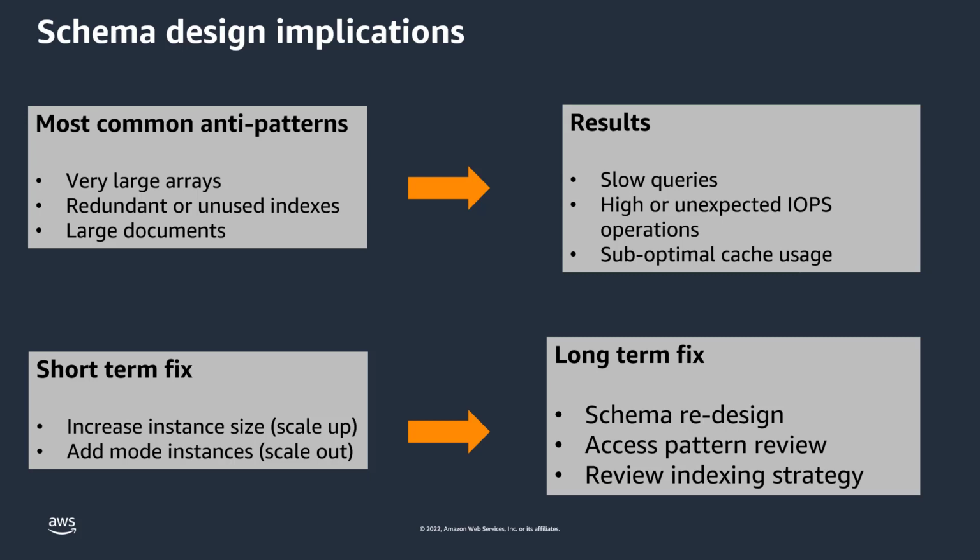There are quick fixes to address these issues, usually by throwing more money at the problem, by scaling up, adding bigger instances, or scaling out, adding more instances, but those will be short-term fixes. Reviewing the access patterns, remodeling, and applying the right design pattern will provide a long-term and more sustainable solution. And we'll see some of the techniques to address those anti-patterns in this webinar.